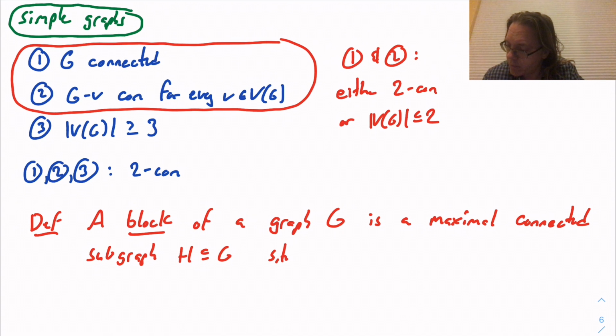So that H is connected. In fact, let me write it.